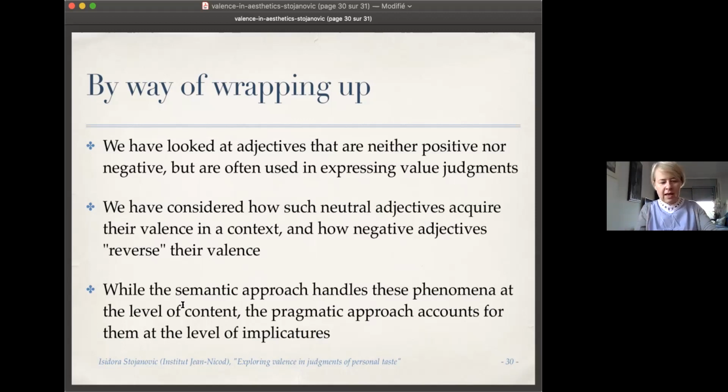So I think that for the time being, I want to say that there are both very respectable approaches that we can have to this phenomena. And I do hope that in the future, there is going to be even more interaction between the work that is done in aesthetics and the work done in philosophy of language and semantics to get a better grip on how these phenomena work in aesthetic evaluation.